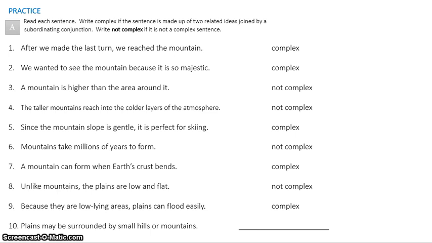And the last one. Plains may be surrounded by small hills or mountains. Well, if you look at number 10, they have not taken 2 sentences and combined them, and there's not a word in there that is a subordinating conjunction. So under number 10, it is going to be not complex.